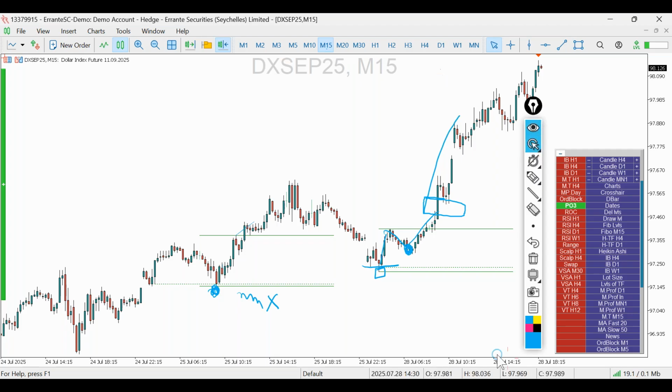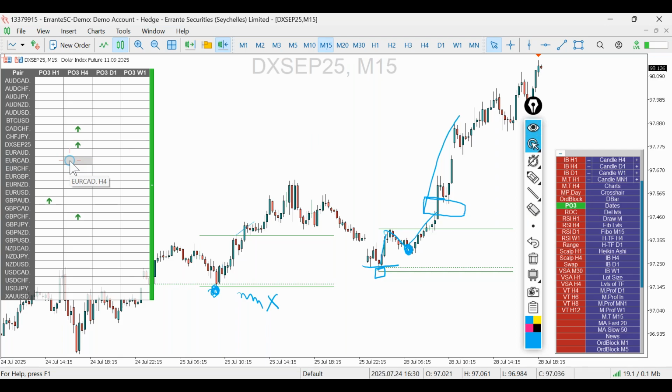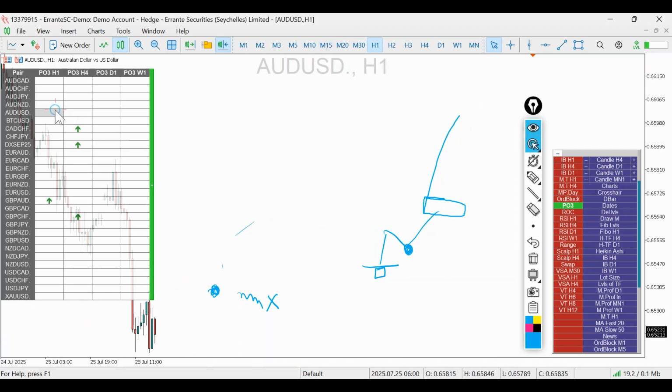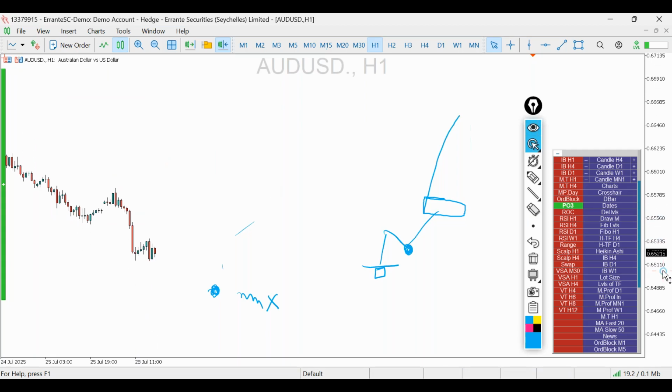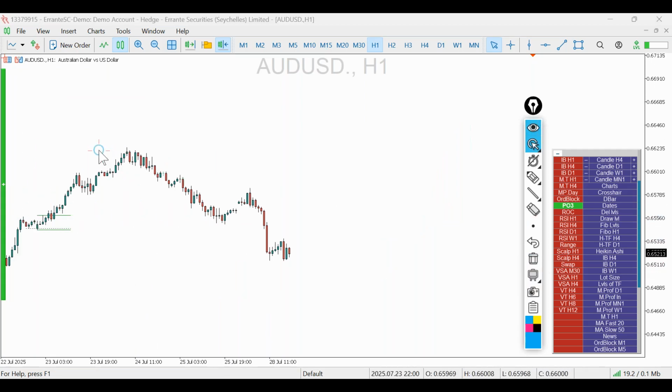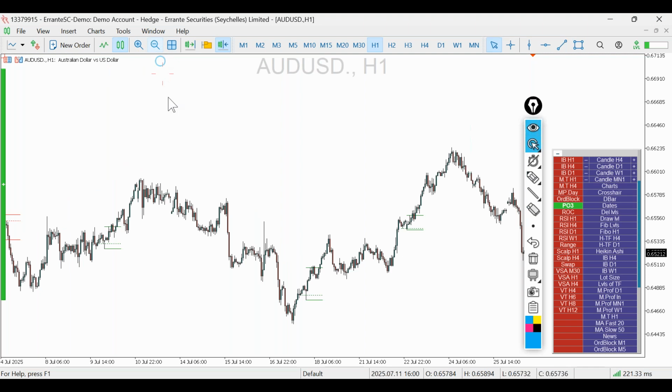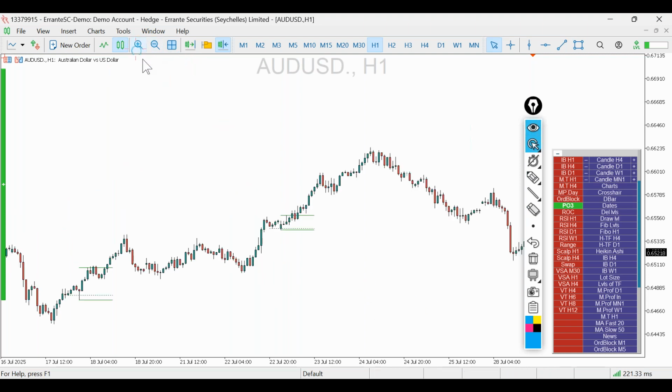Now let's see some of the minors, like we have gone through gold and the dollar index. Let's look towards the minors, and this is a very keen pair. That is what I wanted you guys to understand, especially for the Australian dollar. Okay, let's get rid of this one over here.